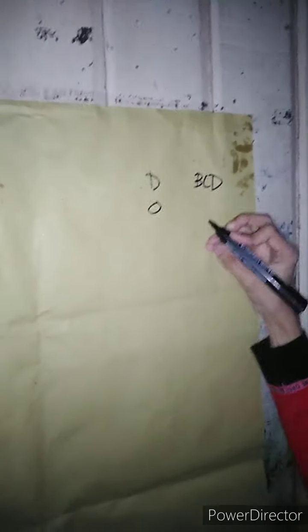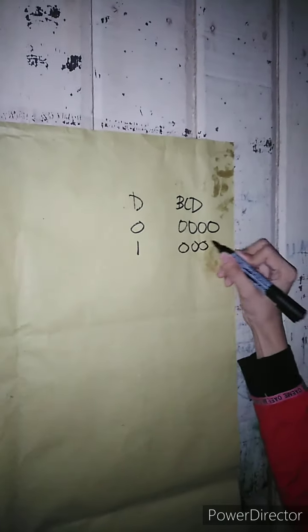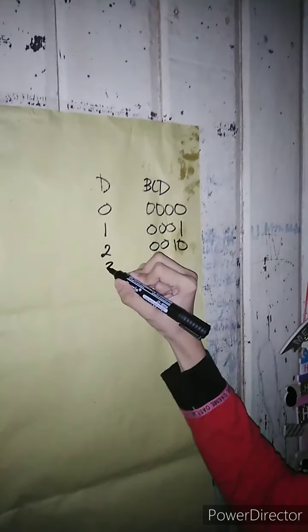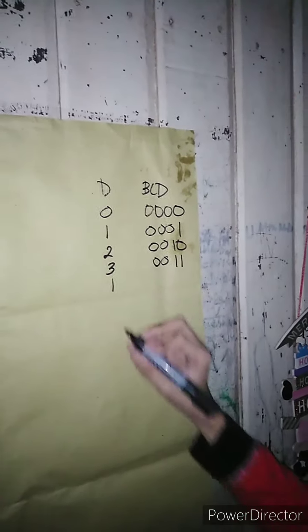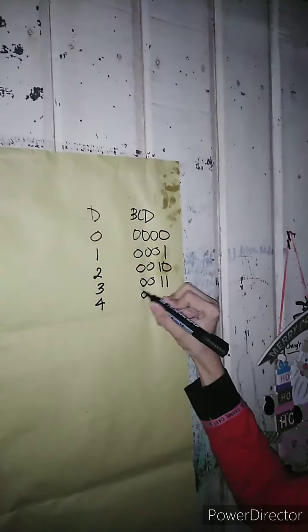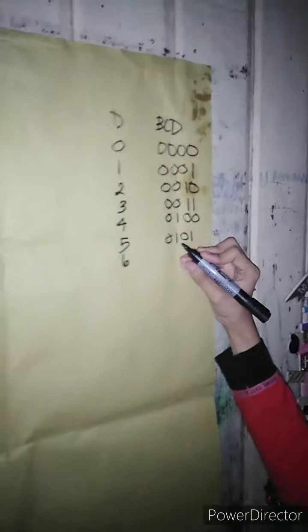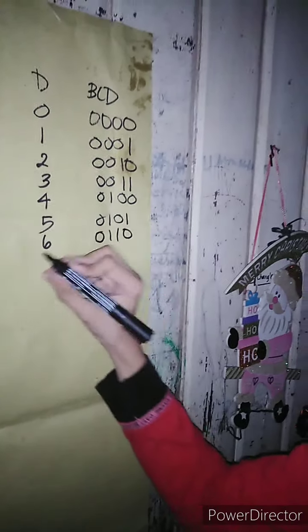For 0, we will have 0, 0, 0, 0. 1, we have 0, 0, 0, 1. 2, we have 0, 0, 1, 0. 3, we have 0, 0, 1, 1. 4, we have 0, 1, 0, 0. 5, we have 0, 1, 0, 1. 6, we have 0, 1, 1, 0.